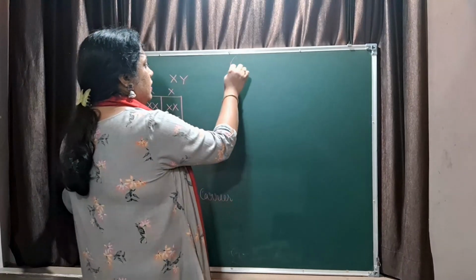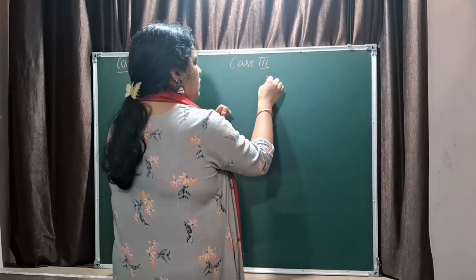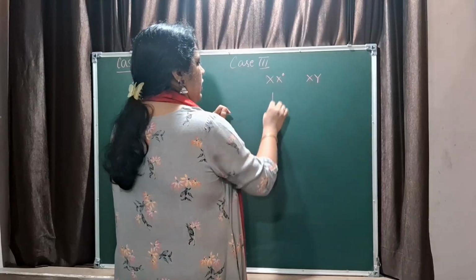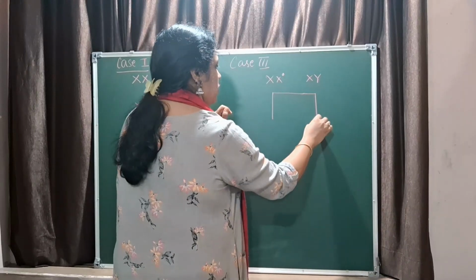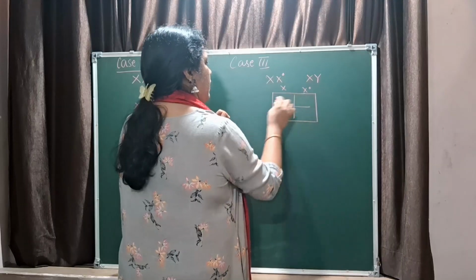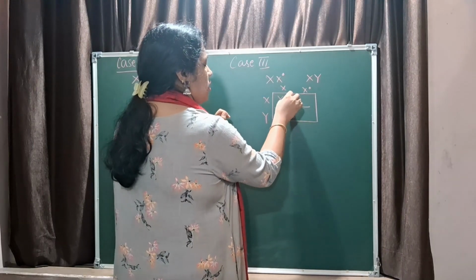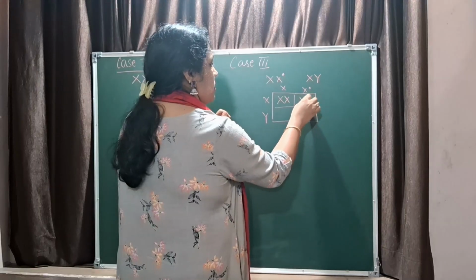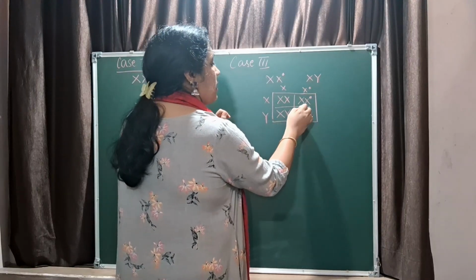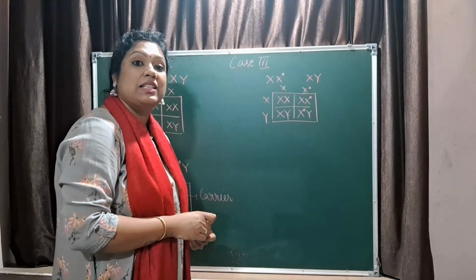Now case 3: the carrier daughter marries a normal man. In this case, you'll find the carrier daughter and the normal man. The first daughter is normal, the second daughter is a carrier, the first son is normal, but one of the sons is diseased.